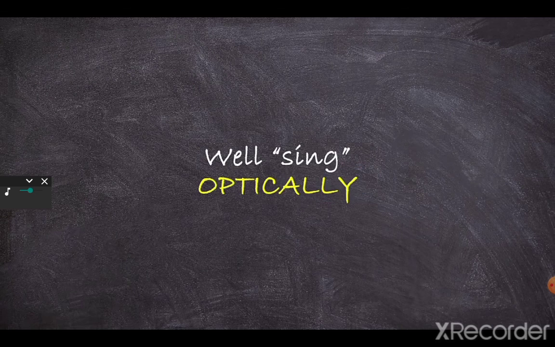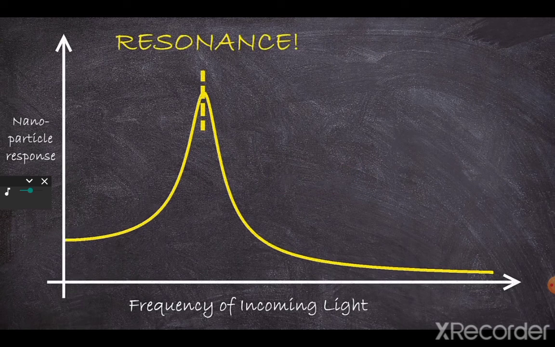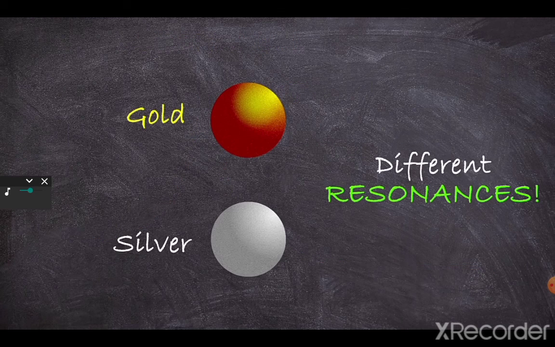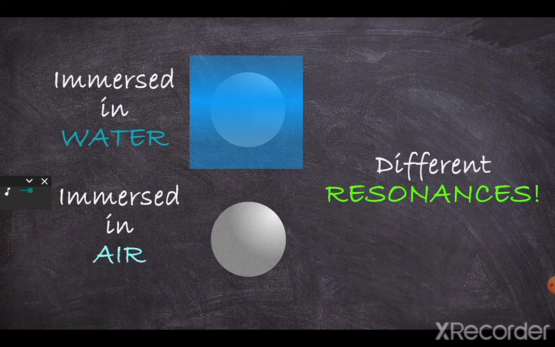Though, remember, we're talking about light here and not sound. Now, the frequency of light at which this resonance occurs isn't some universal property. It's not some fundamental property of the cosmos, but rather it depends on things like the material property of the metal, the shape and size of the nanoparticle, and importantly, and this is our 3rd important plasmonic property, it depends on the environment around the nanoparticle.